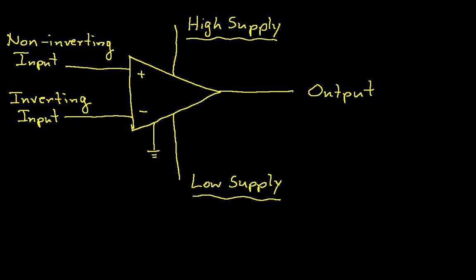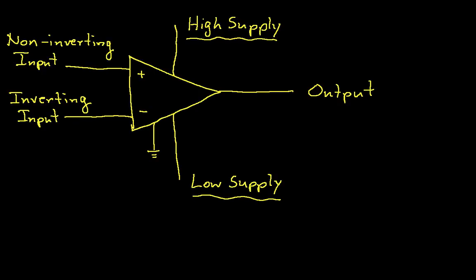And so they form limits on the magnitude of your output. And depending on the type of op-amp, your output may not be able to get closer than about 1 volt to either supply. There are devices called rail-to-rail op-amps where the output can get to within a tenth or even less of a volt of the supplies. So those are the supplies.